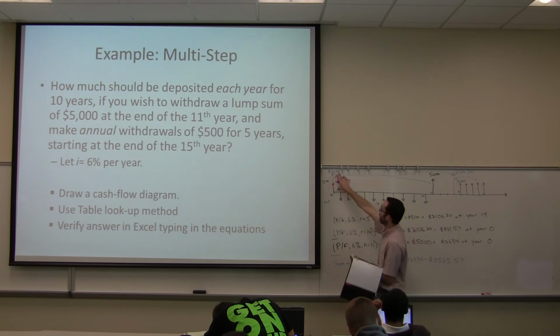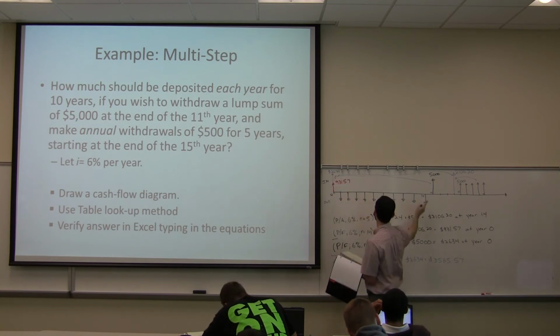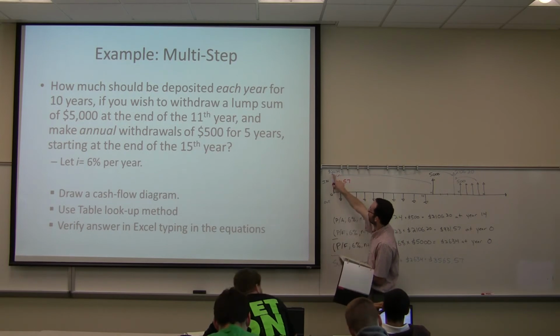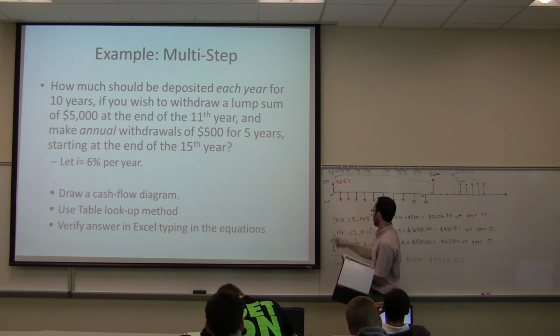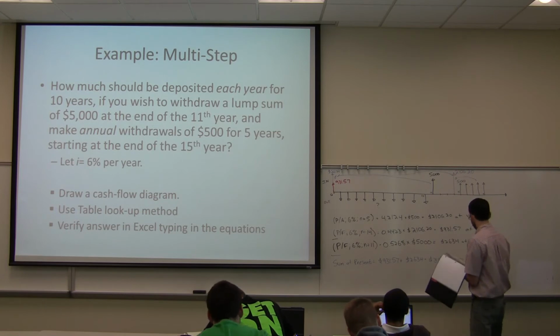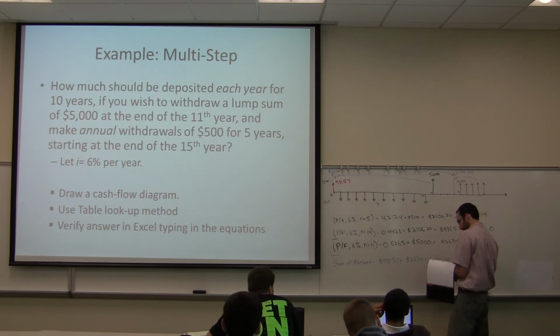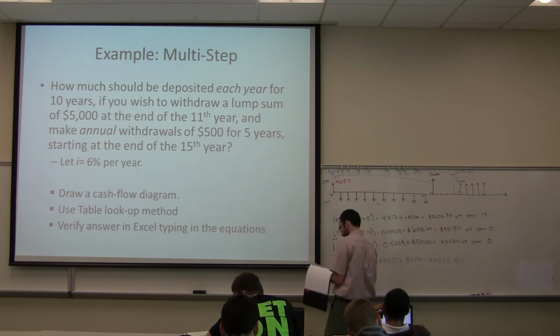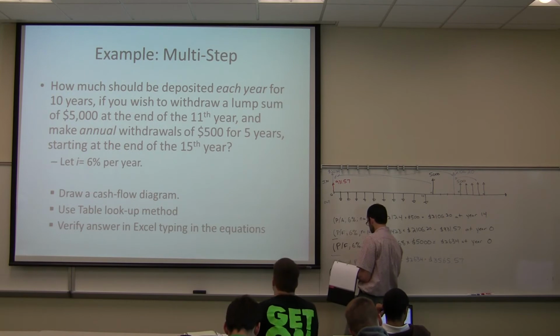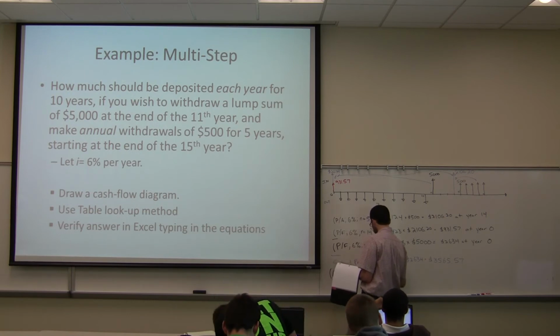So now I'm going to take that present amount, spread it out over an annual series to find out how much I have to deposit. In other words, if I took this much out now, and the interest rate is 6%, how much I would have to pay every year for 10 years to be equivalent. So the last part is I'm doing find the A given a P for 6% with n equals 10.